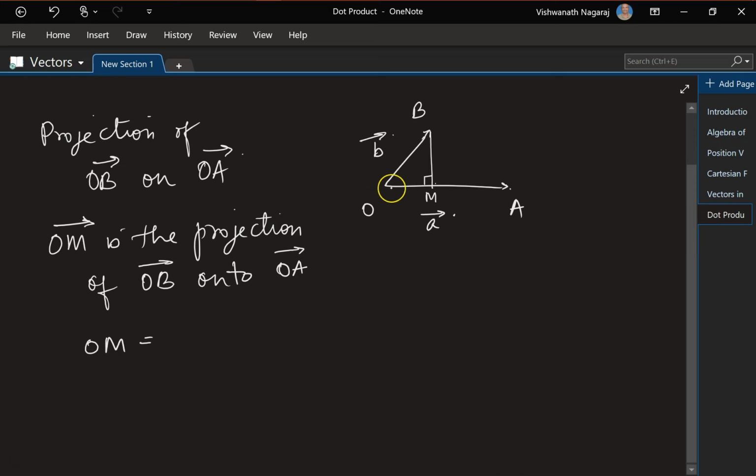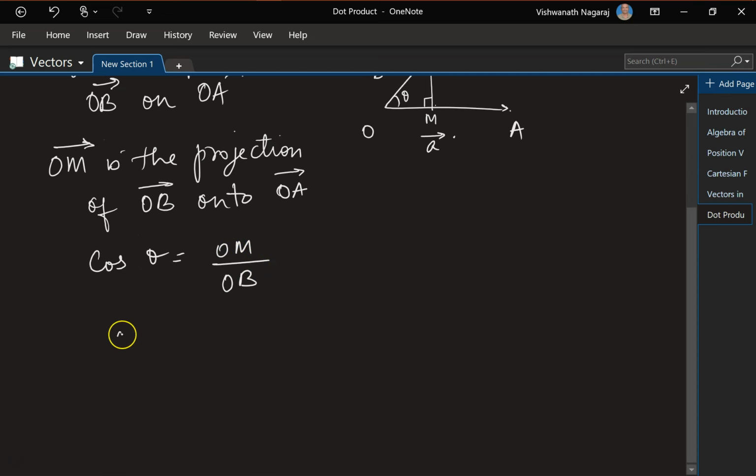If you look at it from a trigonometric ratios point of view, OM is the adjacent side of this angle theta, right? So, adjacent side comes in cos. So cos theta is equal to adjacent side by hypotenuse.